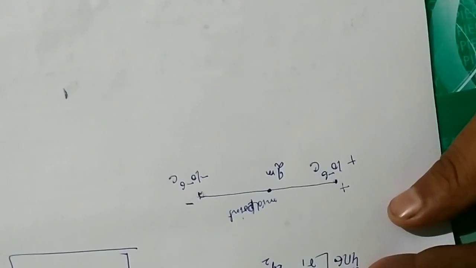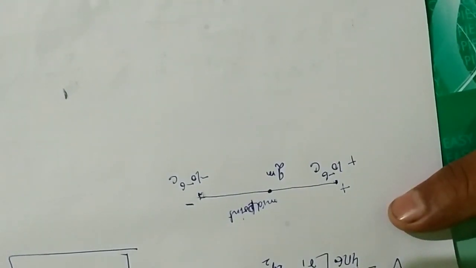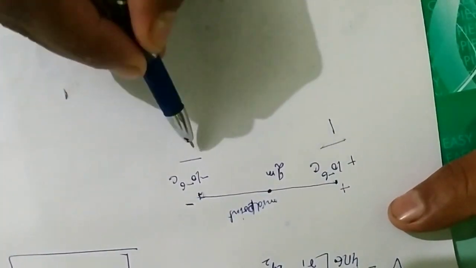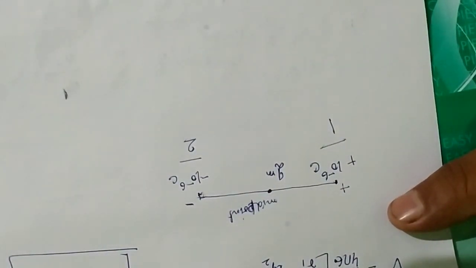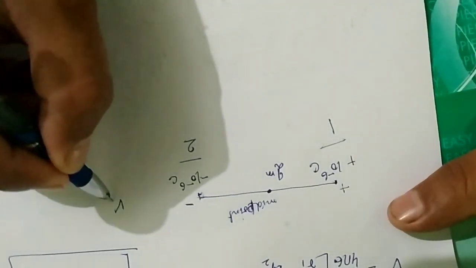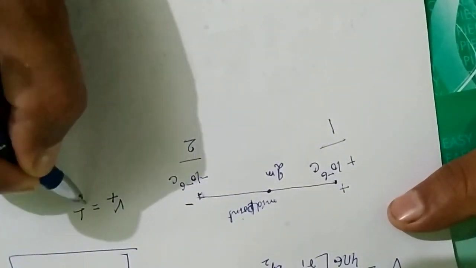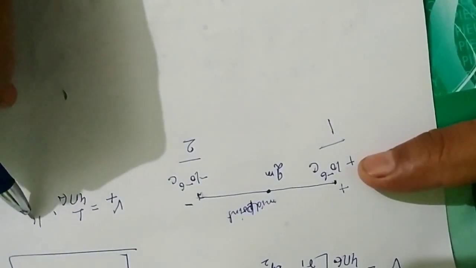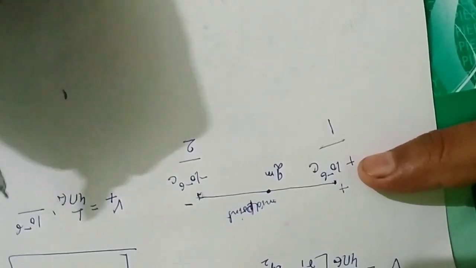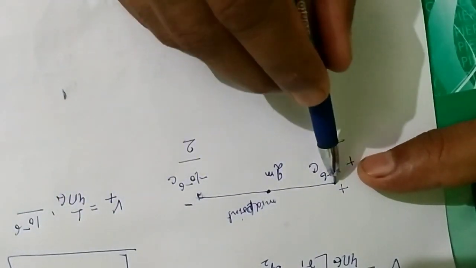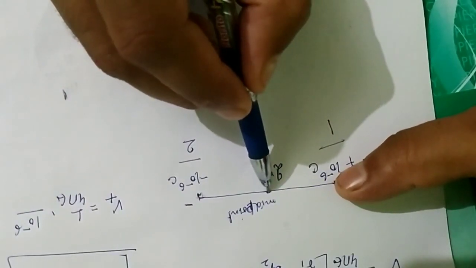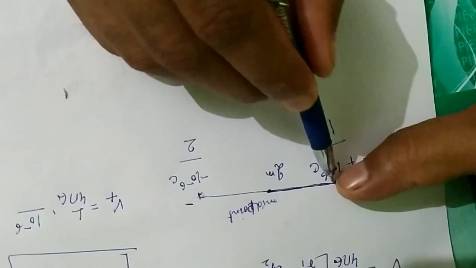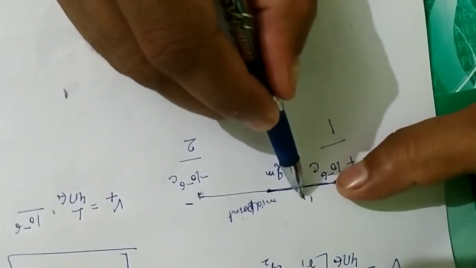So how do we calculate the electric potential? First we calculate the electric potential due to the first charge and the second, and then we add by scalar sum. First, the electric potential due to the positive charge is 1 upon 4 pi epsilon naught, Q is 10 raised to power minus 6, divided by R. We want to calculate at the middle of the charges. The total distance is 2 meter, so this will be 1 meter.